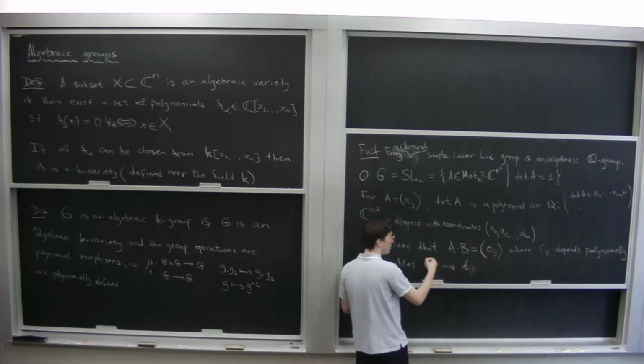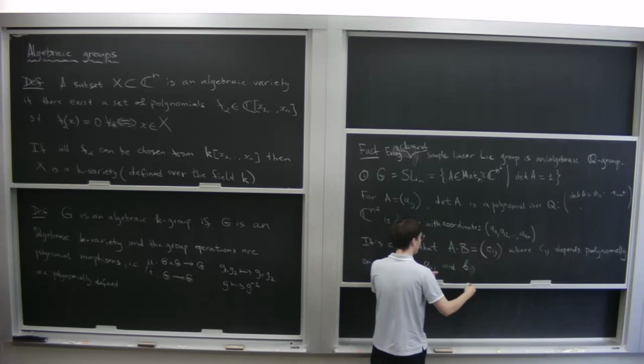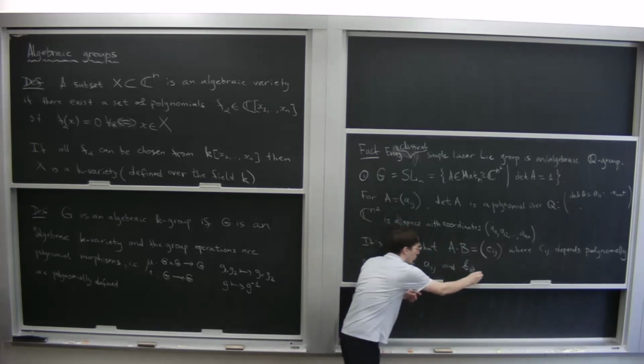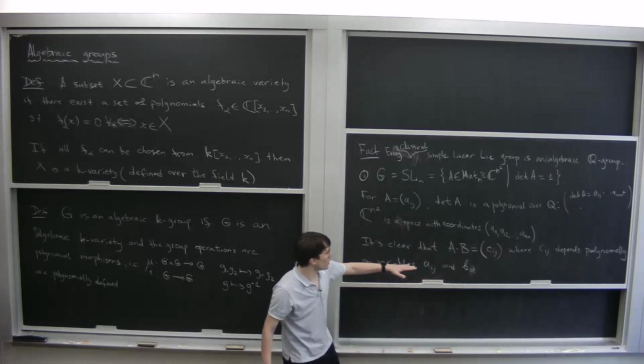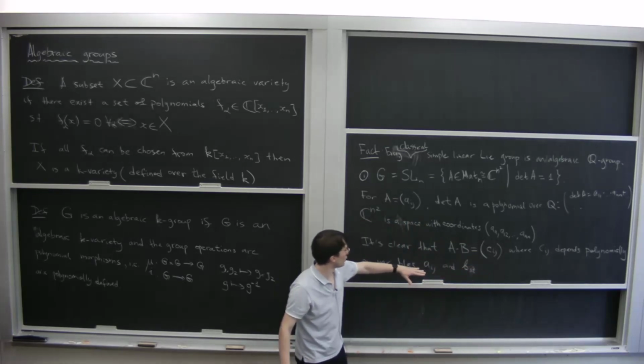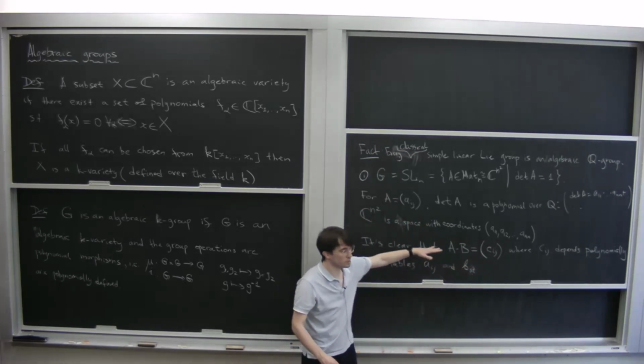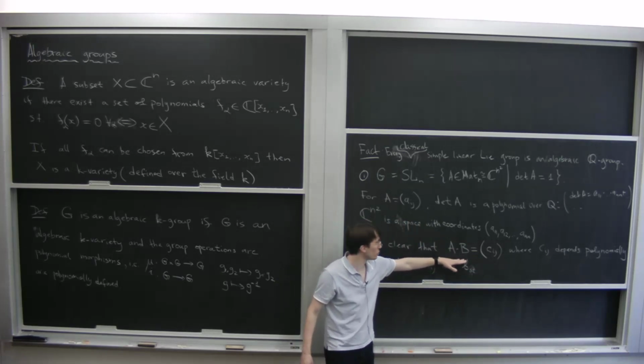Here I mean all possible pairs, so I can write B, I don't know, st, right? For all possible. So my Cij depends on this polynomially, which precisely means that it is a polynomial morphism.